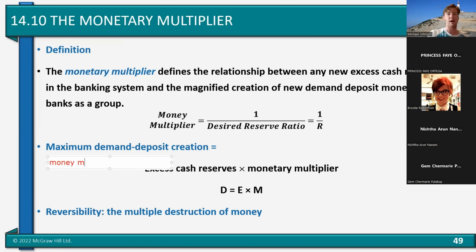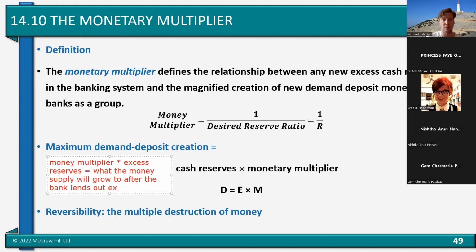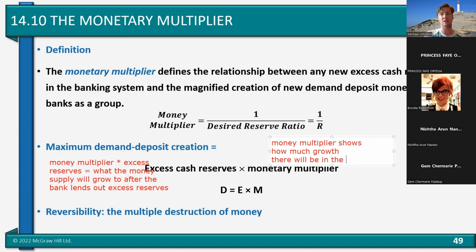So money multiplier times excess reserves equals what the money supply will grow to after the bank lends out excess reserves. So the money multiplier shows how much growth there will be in the money supply after lending out excess reserves.